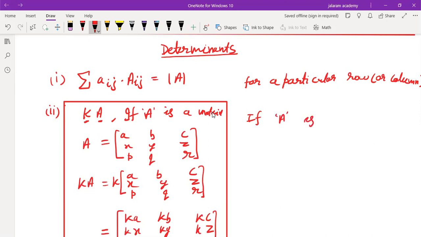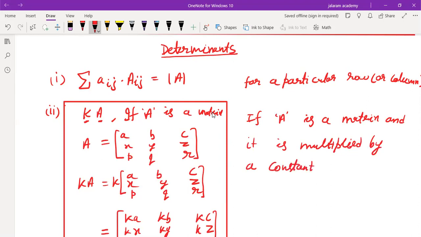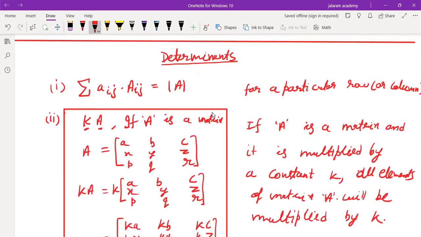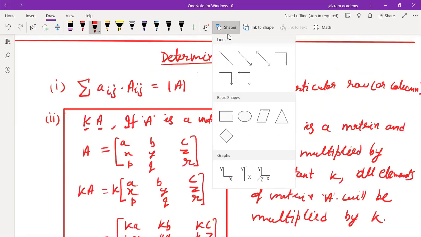If A is a matrix and it is multiplied by a constant K, all elements of matrix A will be multiplied by K. This was the rule for matrices only.